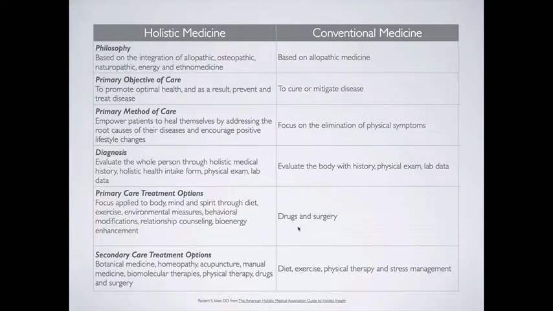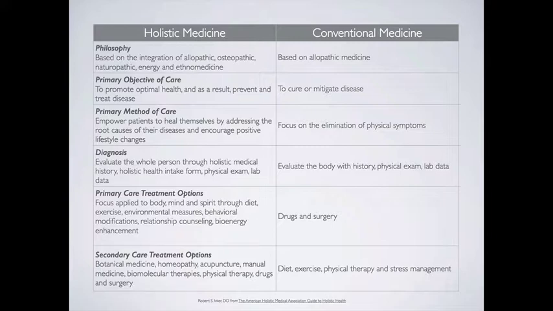But then we go down here, and this is where we really start to expand. Again, it's going to be a little bit different depending on the practitioner. This is where the herbs and the plants come in, botanical medicine, homeopathy, which we'll talk about, which is kind of in the energy medicine realm. Acupuncture, kind of the same, energy medicine. We'll talk about that when we talk about Chinese medicine.